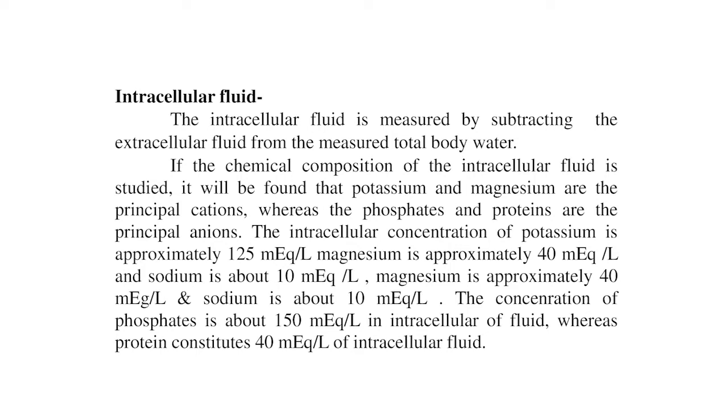The intracellular concentration of potassium is approximately 125 milliequivalents per liter, magnesium is approximately 40 milliequivalents per liter, and sodium is about 10 milliequivalents per liter. The concentration of phosphates is about 150 milliequivalents per liter of intracellular fluid, whereas protein constitutes 40 milliequivalents per liter of intracellular fluid.